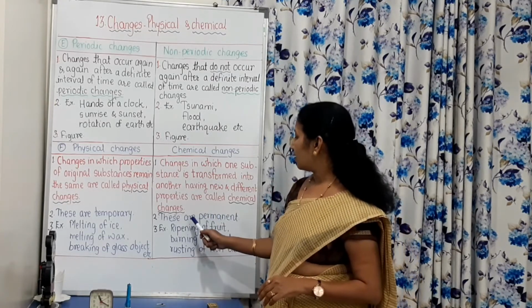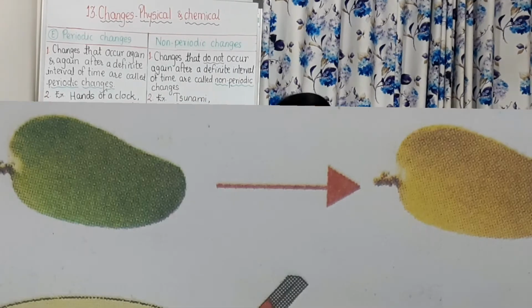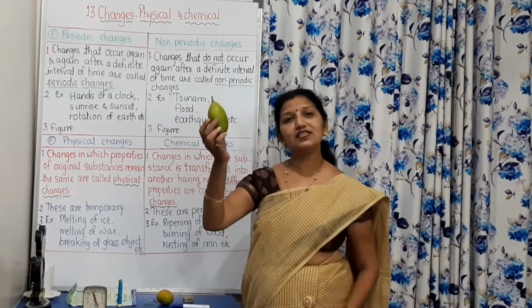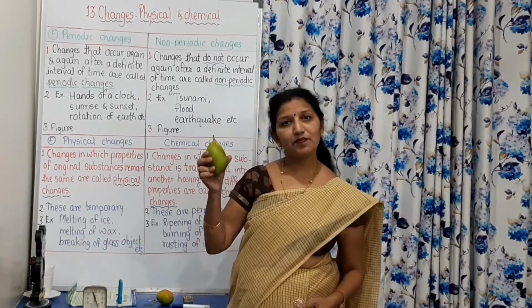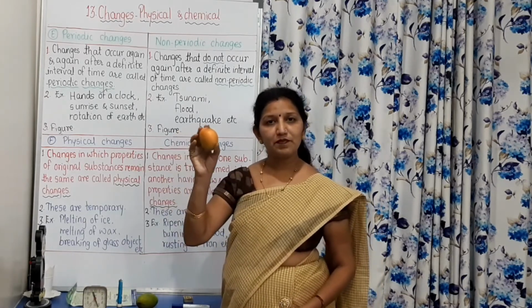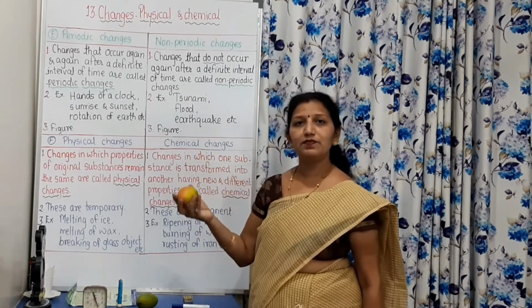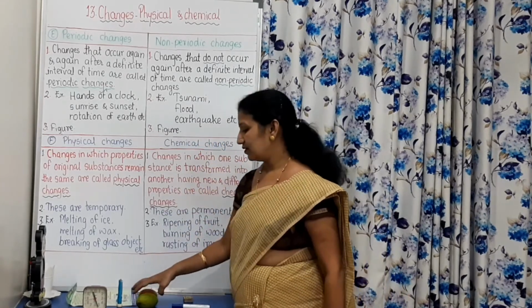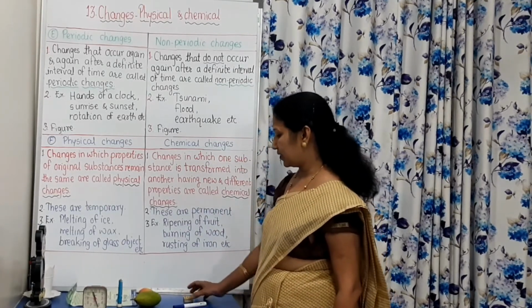And the examples are ripening of fruit. Suppose this is a raw mango, and after ripening, this raw mango is converted into this ripened mango. And this mango will have different properties than this raw mango. Then burning of wood.